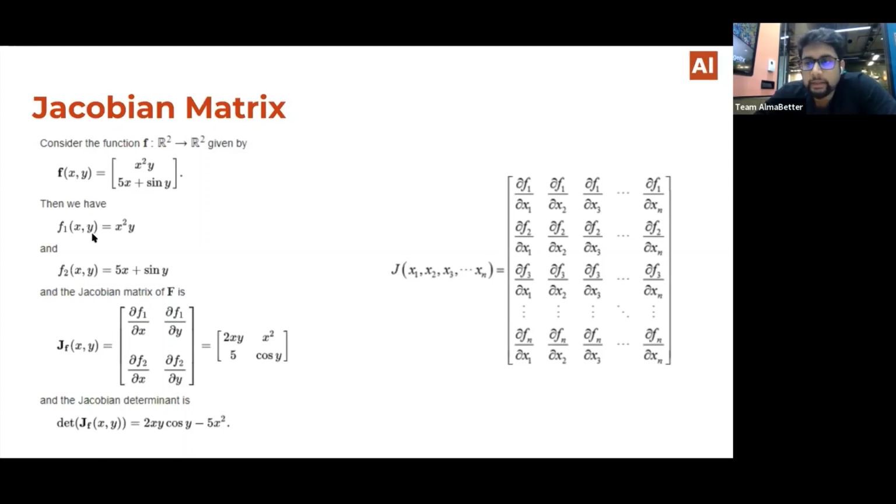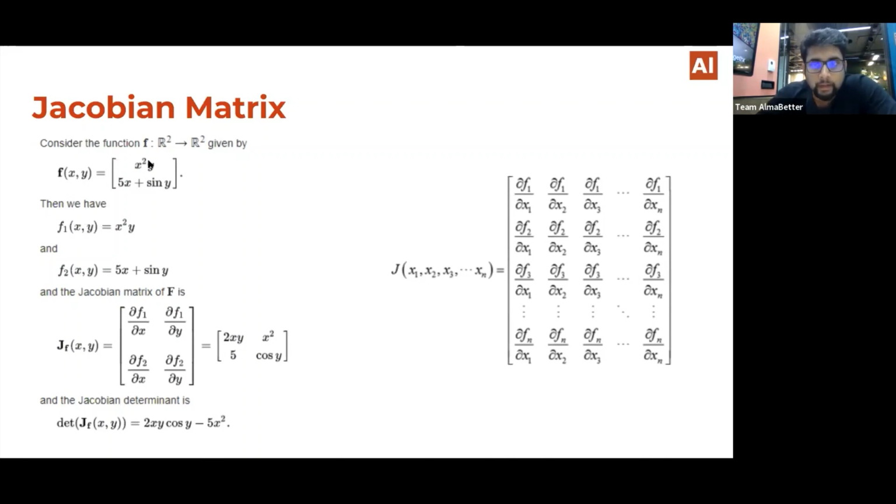So basically, let's say you have the generic scenario wherein you have n number of functions and n number of variables in each of the functions: x1, x2, x3 till xn, and f1, f2, f3 till fn. So here what is happening? For f1, whatever derivatives you calculate with respect to x1, x2, x3, till xn, you store horizontally in the first row.